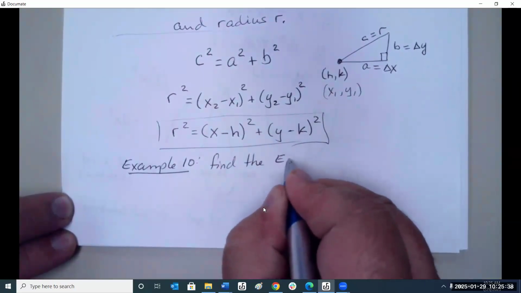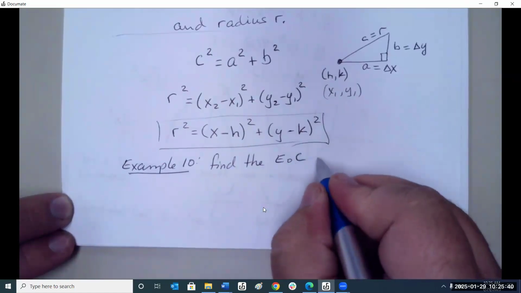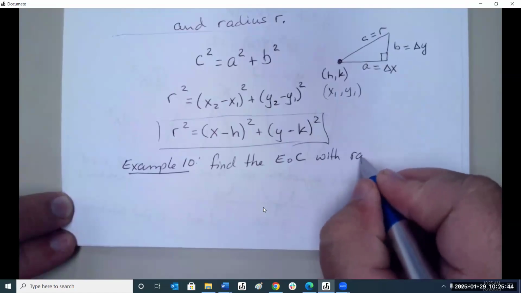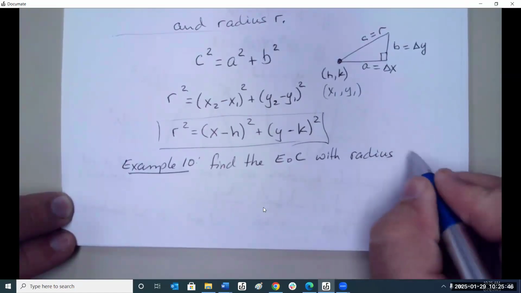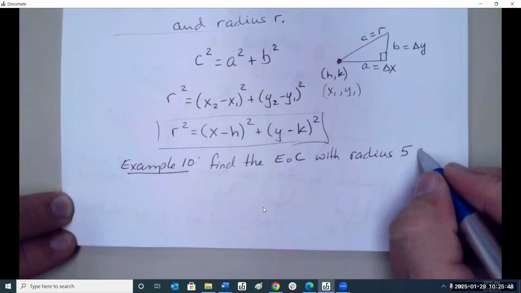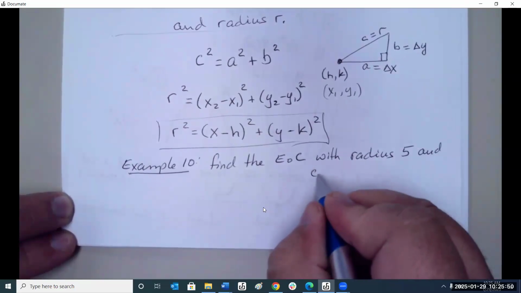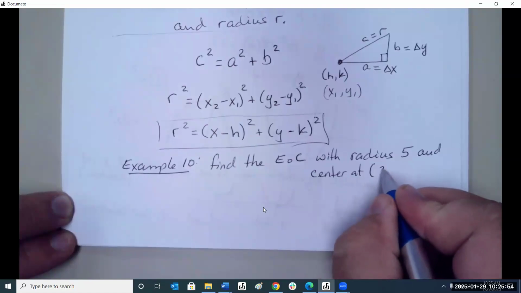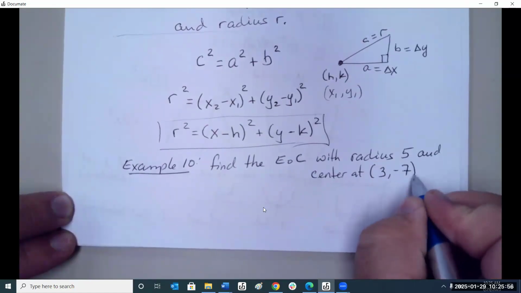Find the equation of the circle with radius 5 and center at (3, -7).